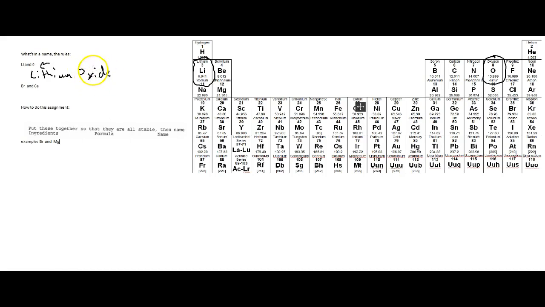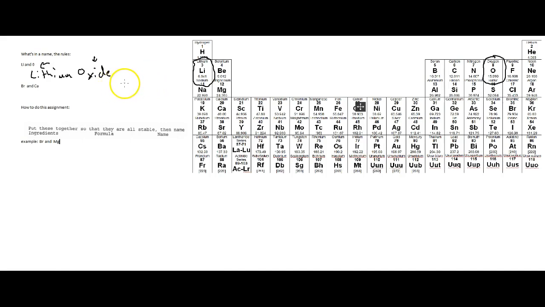Now, I did do something weird with the second part. I chop off the end of the word and I add the IDE. So lithium comes first. Lithium, whole word, say the whole entire thing. And then instead of saying oxygen, I say oxide. And that's it. That's how you name things in chemistry land, and it sounds really cool while you're doing it.